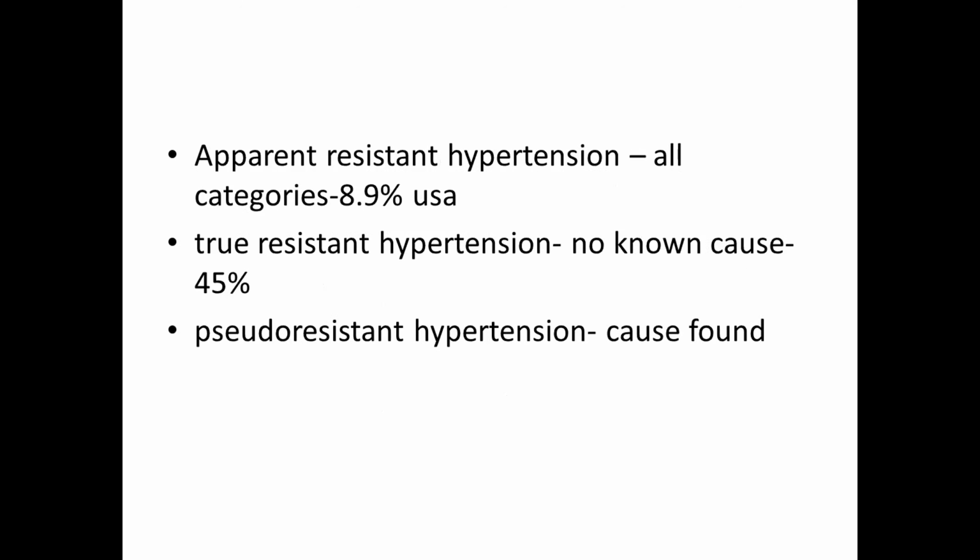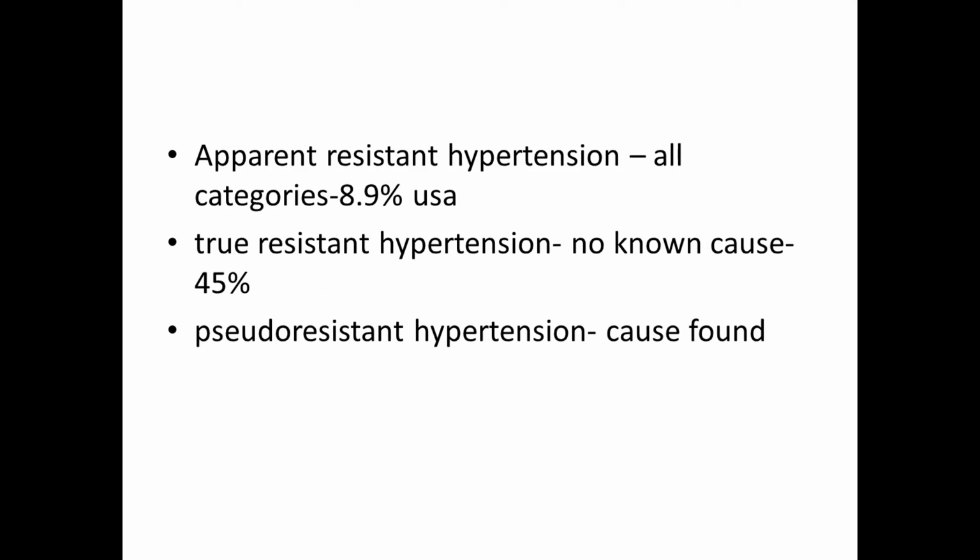And I said there are different aspects to it. All categories of resistant hypertension can be referred to as apparent resistant hypertension. And about 8.9% of people in the US with hypertension have this. Then true resistant hypertension is when you cannot find any cause, which is about 45% of patients with resistant hypertension.